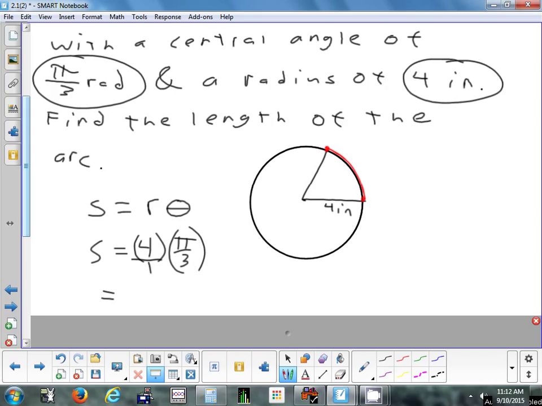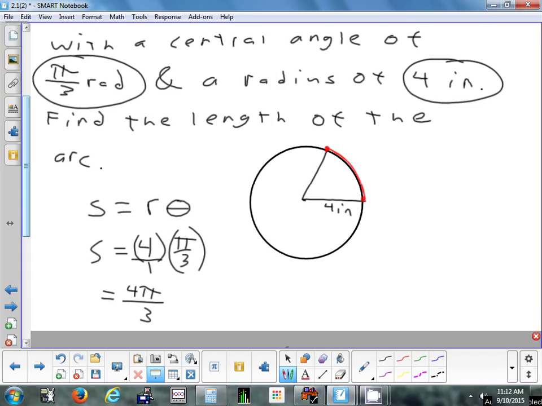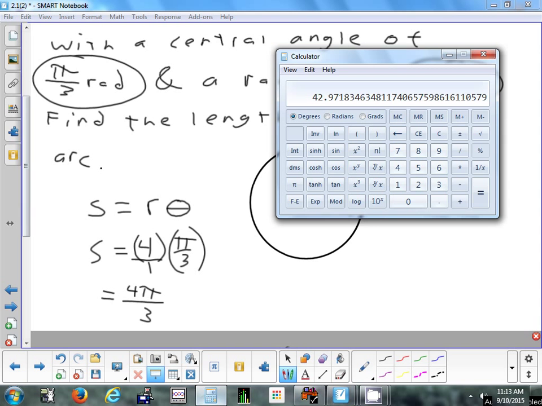If you want to think of that as a fraction, you multiply straight across. 4 times pi gives me 4 pi. 1 times 3 gives me 3. And that's it. That's the length of the arc. I could type that in if I wanted and get a decimal. So if you wanted to know roughly how big it is, 4 pi over 3 is about 4.2.